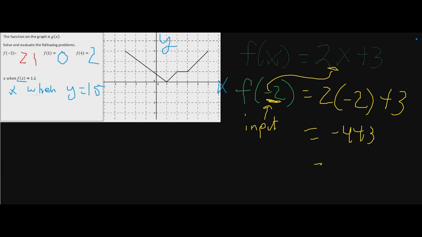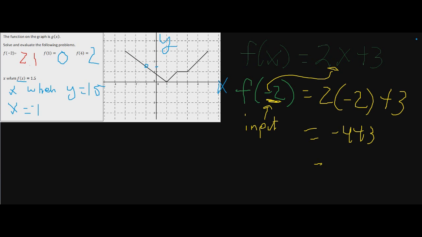And so one of my answers is going to be x equals negative 1. So when my y value is 1.5, one of my solutions is at this point right here, and my x value there is negative 1.